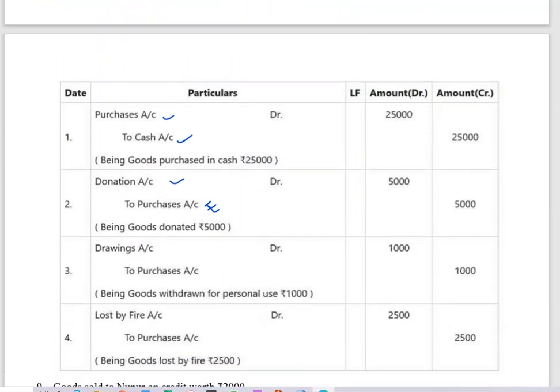So here the transaction is donation account debit to purchase account. 5,000 worth of amount is put in our donation account, and the same 5,000 is reduced in the purchase account, to show that out of 25,000 rupees of goods, only 5,000 rupees of goods are donated and 20,000 worth of goods are remaining in the business. That will be shown in the ledger books.